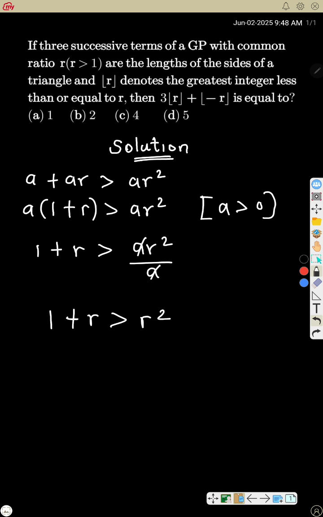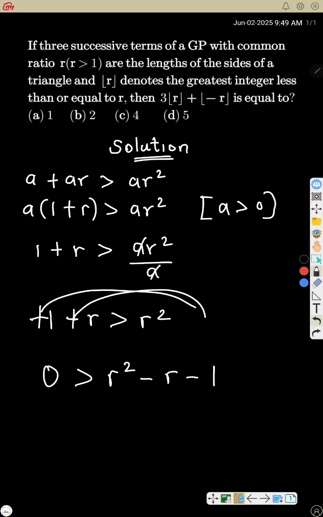Like that. So now rearrange to form a quadratic equation. So let me show you something. Take everything to the other side, so I will not have anything here. 0 is greater than R square minus R minus 1. That is, I'm moving these two to the other side. Remember, if any sign crosses the equality sign or inequality sign, this sign will change. If it is plus here, then it turns to minus on the other side.